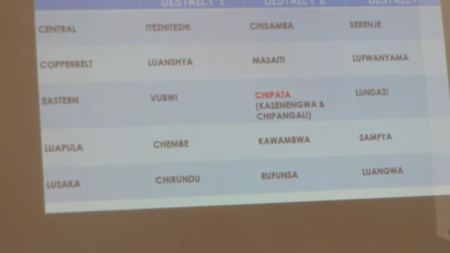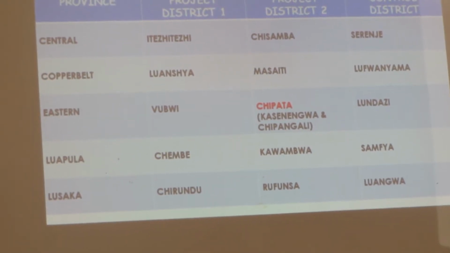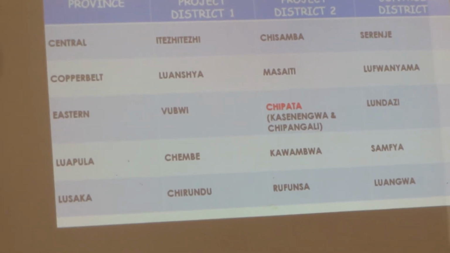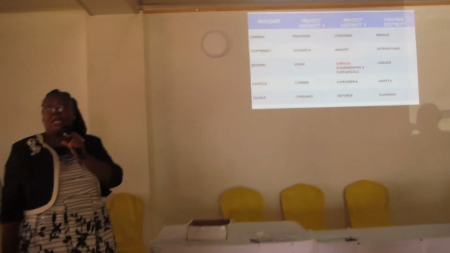So you are representing an expansion school. So from Central Province, if you've come from Itezhi-Tezhi or Chisamba, we want to see change in those districts because they do not perform well in maths and science, and you have been identified to bring the change that has been long desired by the ministry. I'm sure you will not fail us.